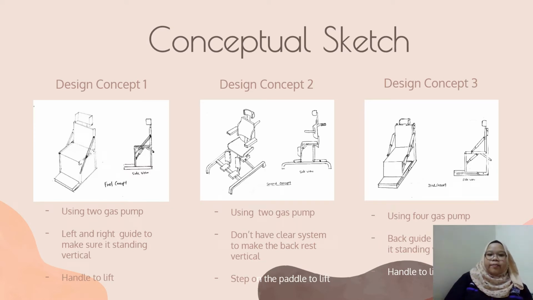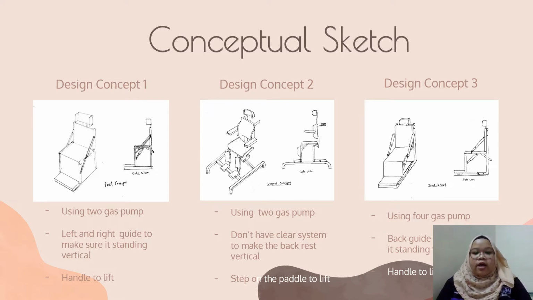Next, I will explain the conceptual design. So there are 3 conceptual designs. Design concept 1 uses 2 gas pumps and left and right guides to make sure the backrest stands vertically. It uses a handle to lift the patient. The second concept also uses two gas pumps, and it does not have any clear system to make the backrest vertical.